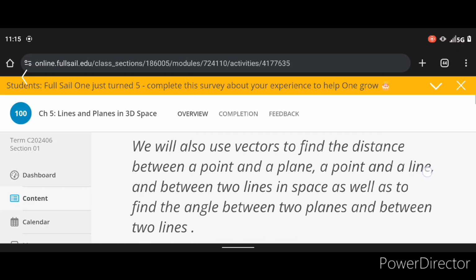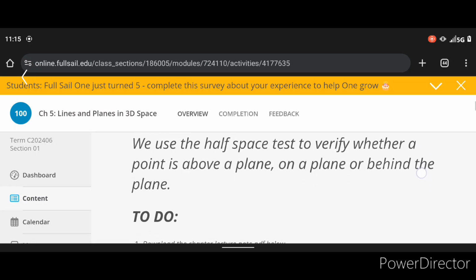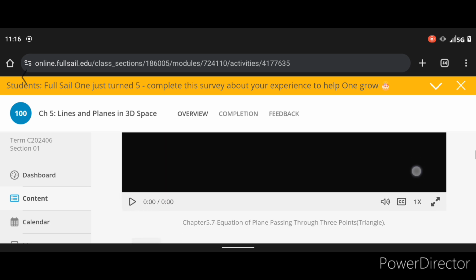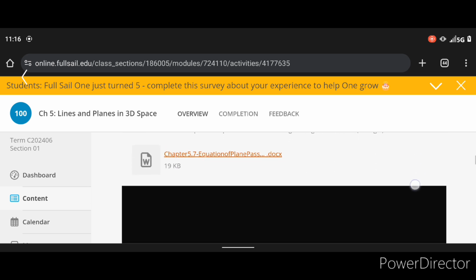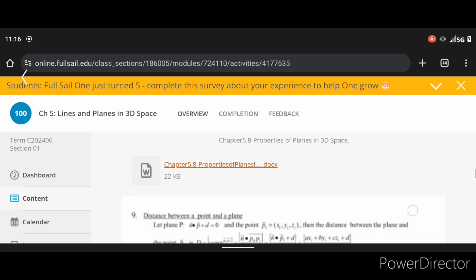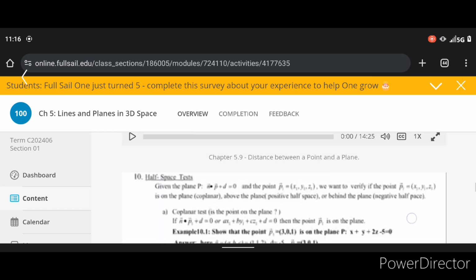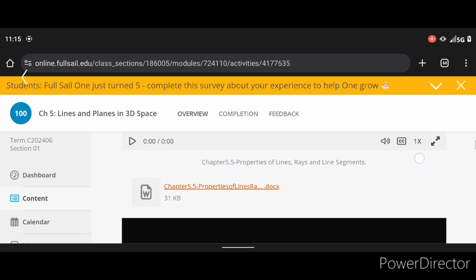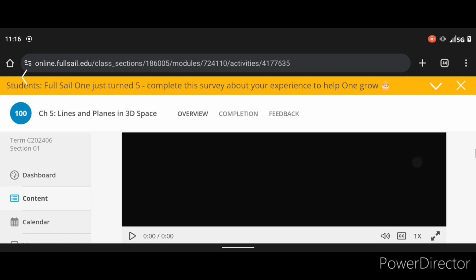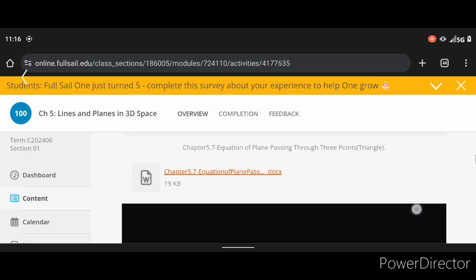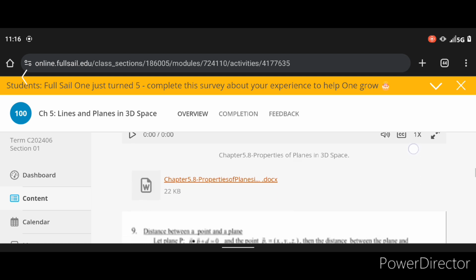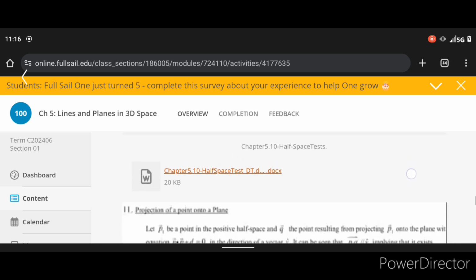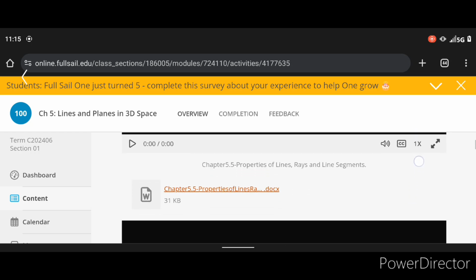As far as the new stuff for chapter 5: lines in 3D space, rays in 3D space, line segments in 3D, properties of lines, rays, and line segments, and then what equation to use for a plane that passes through 3 points, aka a triangle, and then the properties of planes in 3D space, the distance between a point and a plane, and half space tests.